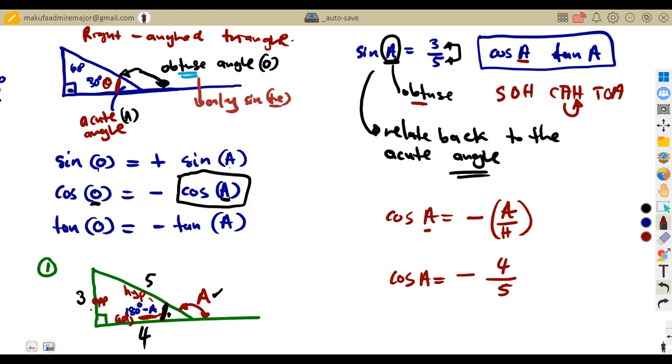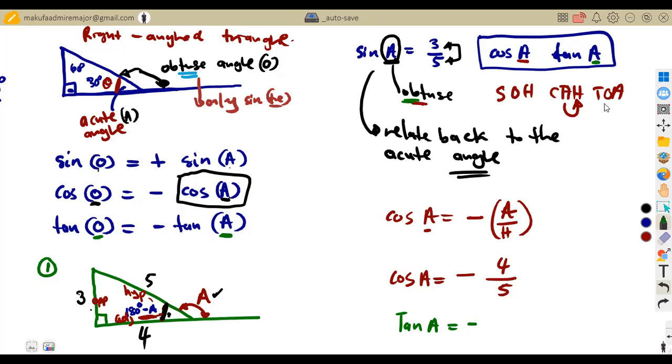The same thing if we move on to the tan that we are given. The tan there that we are given, A is an obtuse angle. So tan of the obtuse angle is equal to minus tan of the acute angle. So we are going to multiply the tan with the negative, because you are talking about the acute angle, but you are calculating the obtuse angle. You are calculating the ratio of tan of the obtuse angle, so it's going to be a minus.